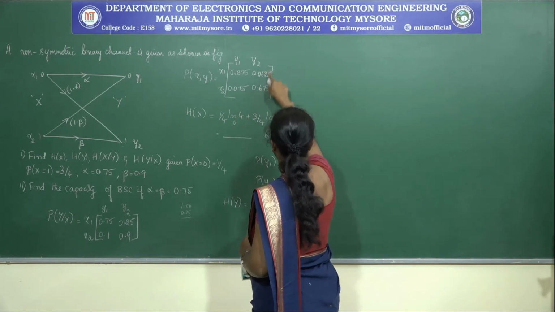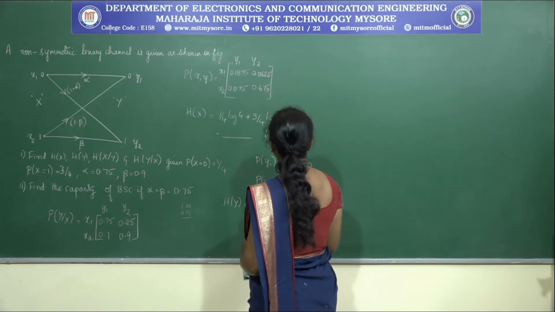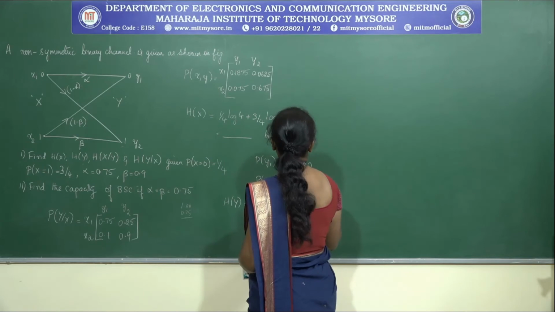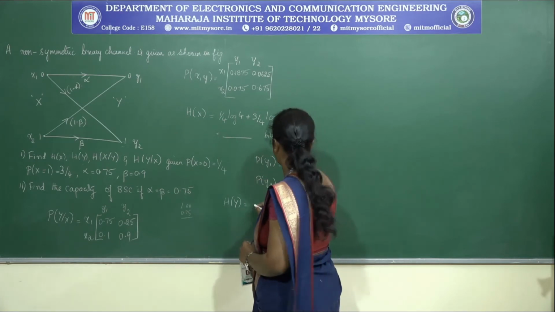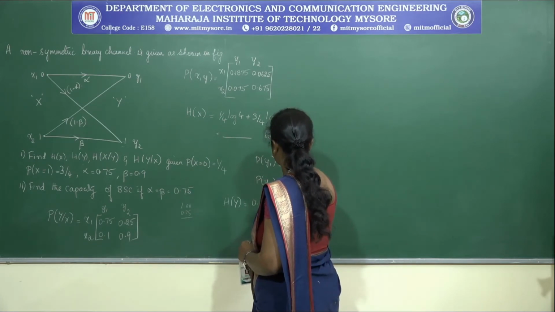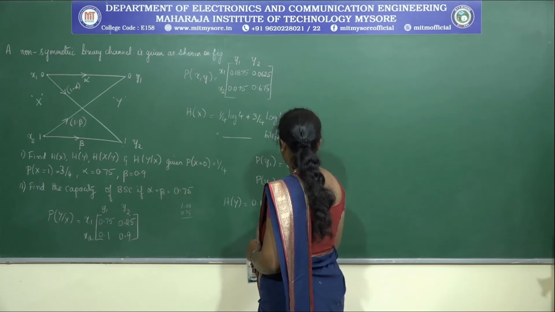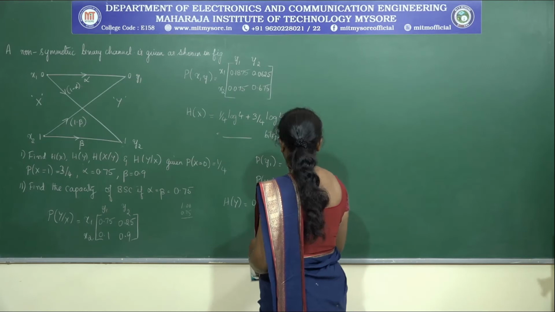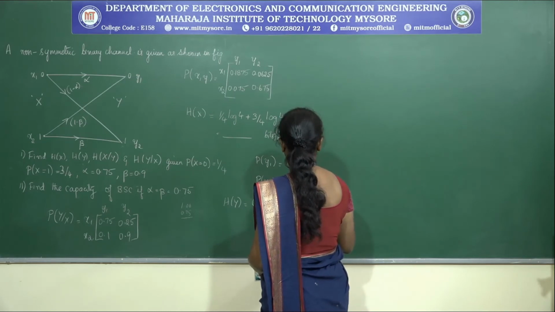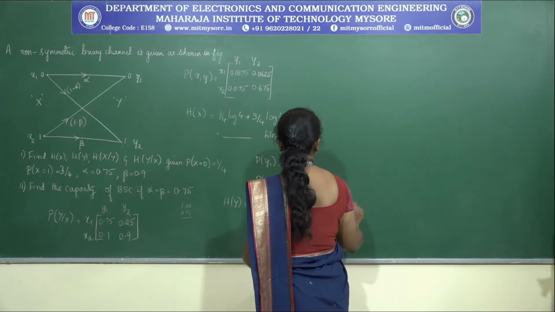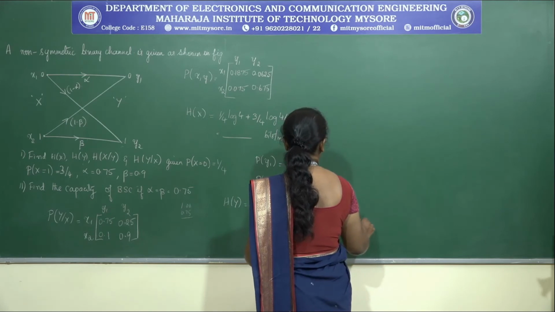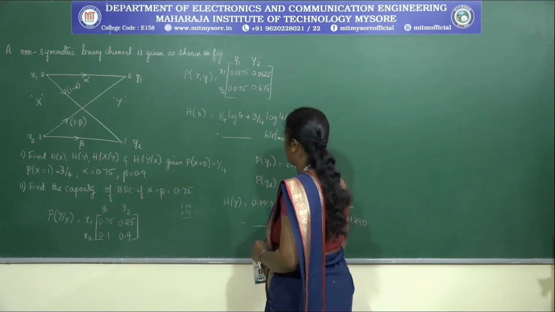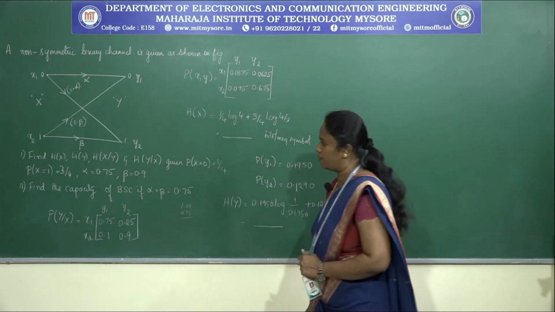Then if you add the second column, you will be getting 0.1290. So now find out h of y, which is 0.1950 log of 1 by 0.1950 plus 0.1290 log of 1 by 0.1290. So if you calculate, you will be getting h of y.